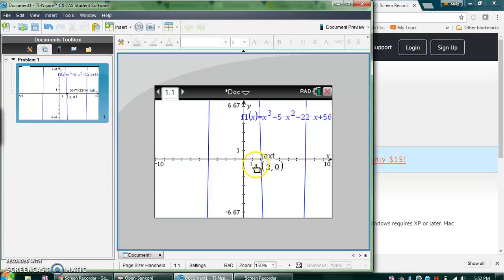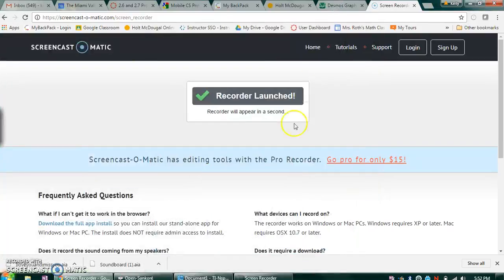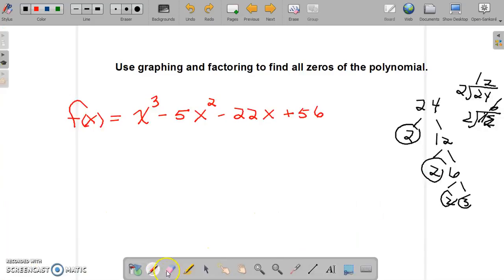So I'm going to take the zero, 2. It looked like 2 is a zero. So if 2 is a zero, then x minus 2 is a factor.